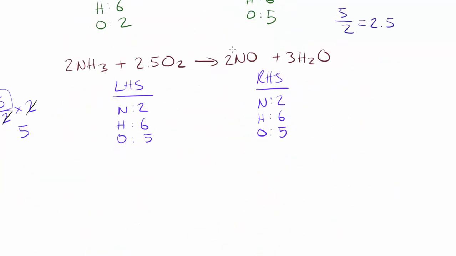But here we've got 2.5, right? So this can't be our balanced equation. Even though it is technically balanced, it doesn't adhere to the specific conditions of balancing that the question requires. So further work is needed.